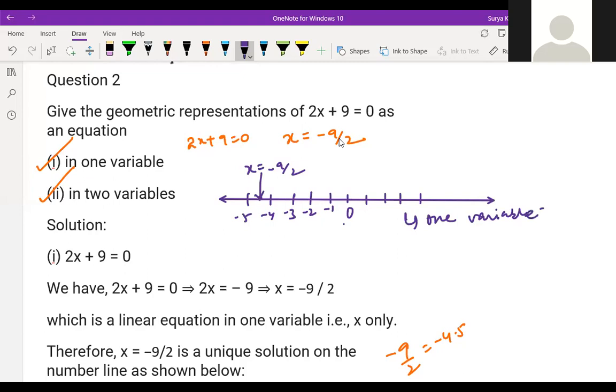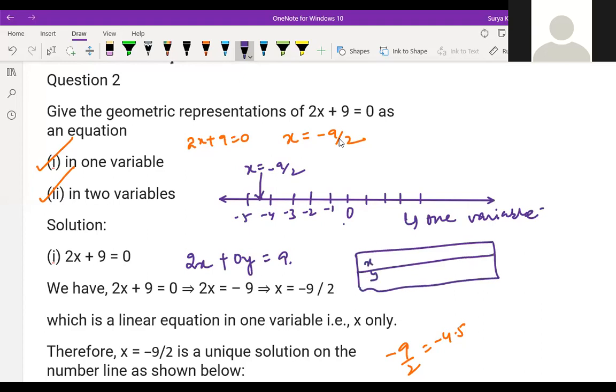If you talk about two variables, the same thing, what should you do, children? 2x plus 0y is equal to minus 9. Whatever value of y you put, 0, 1, 2, minus 1, minus 2, whatever you put, you will get x is equal to minus 9 by 2 only all the time.